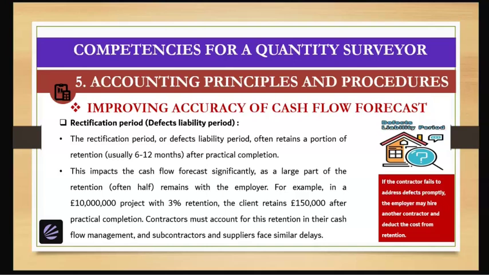For example, in a 10 million project with 3% retention, the client retains €150,000 after practical completion. Contractors must account for this retention in their cash flow management, and subcontractors and suppliers face similar delays. If the contractor fails to address defects properly, the employer may hire another contractor and deduct the cost from retention.